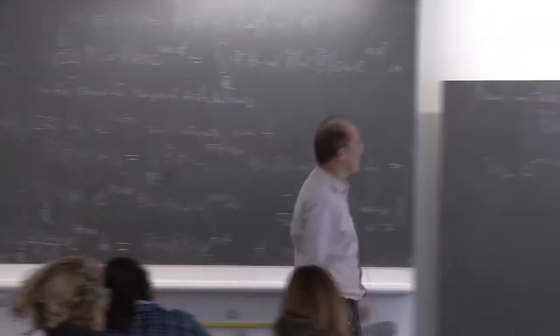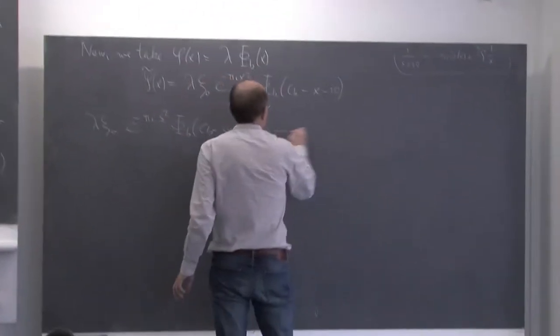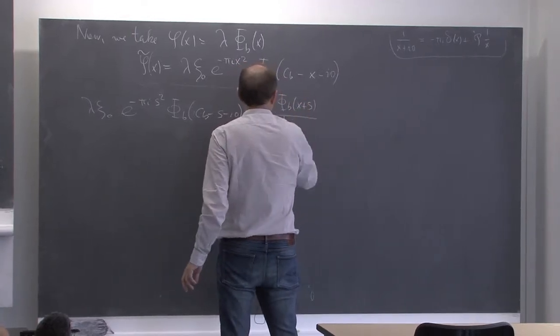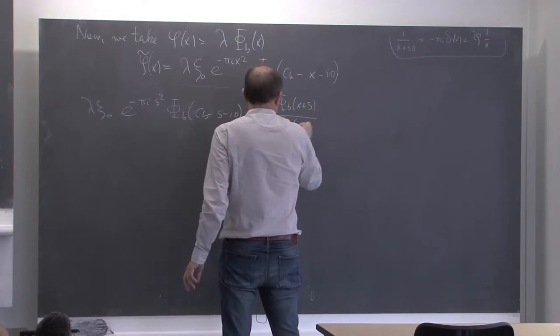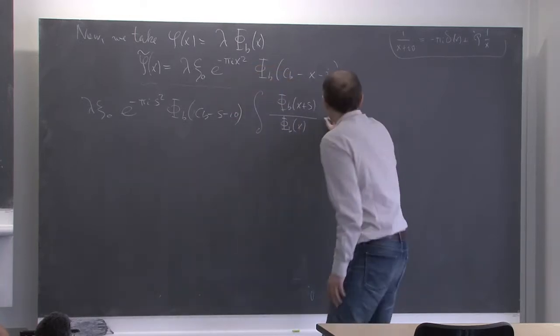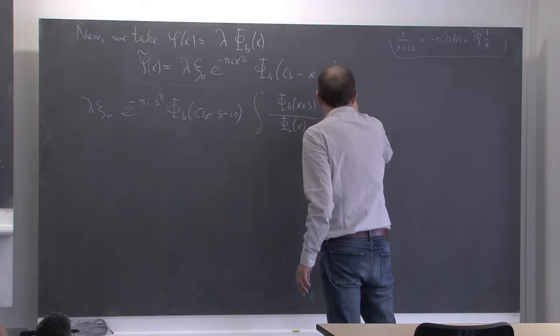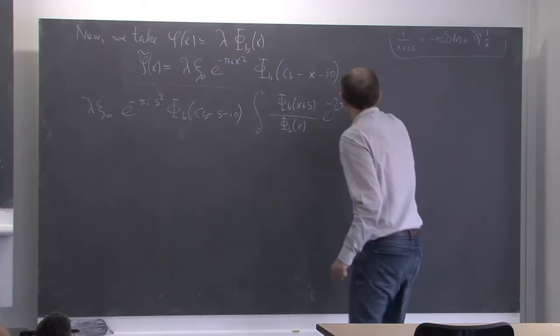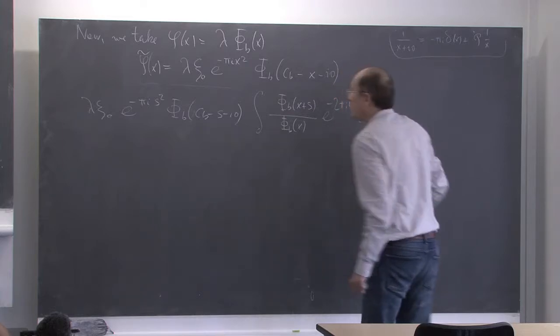Now I write the integral, the fraction phi b of x plus s divided by phi b of x, e to the minus 2 pi i u x dx equals.